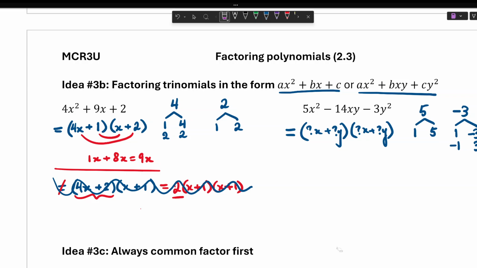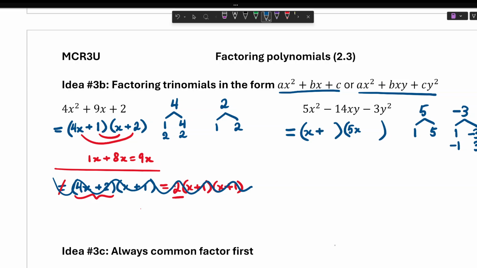So let's start trying these out. Let's say that I chose 1 and 5 first. So that'll be x and 5x. And let's suppose that my first guess for negative 3 is 1 and negative 3.